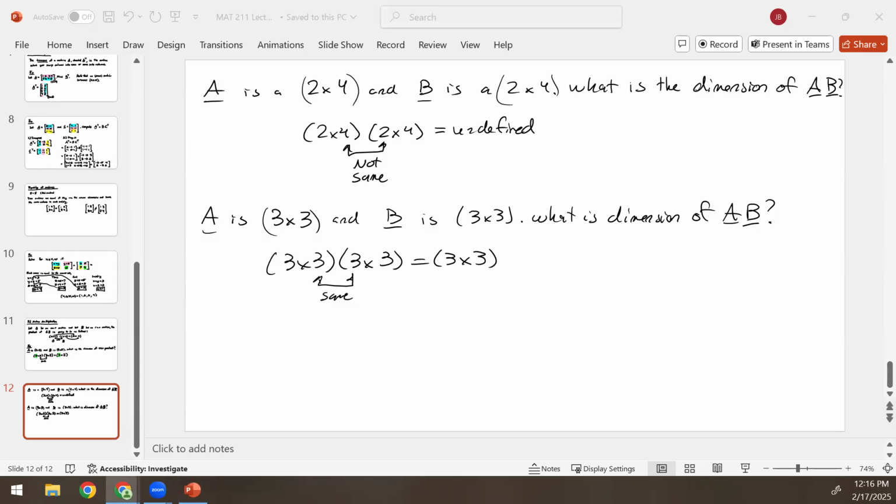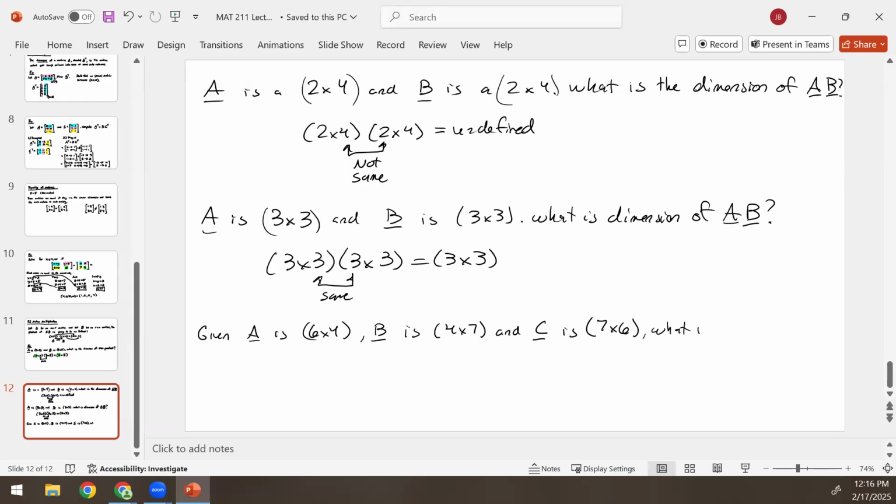They could also make it a little bit more challenging by making you do something like this. So here's the last example. Given A is 6 by 4, B is 4 by 7, and C is 7 by 6.